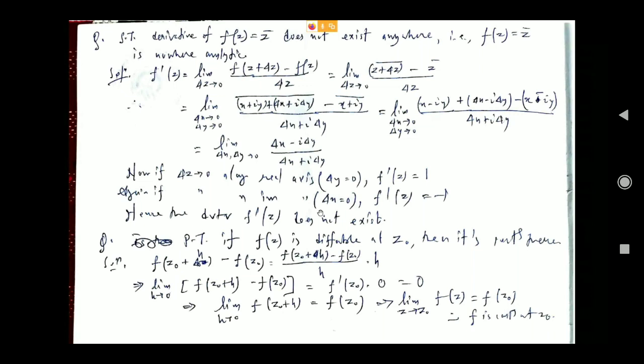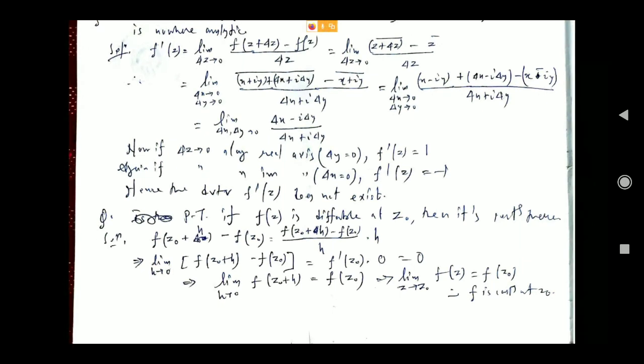In some cases, they don't work: if you approach along the real axis you get 1, and approaching along the imaginary axis you also get 1. Then you have to go for other paths. But here this works. So first we will try these two paths when we have to show that some limit does not exist. These are the easiest paths to take.